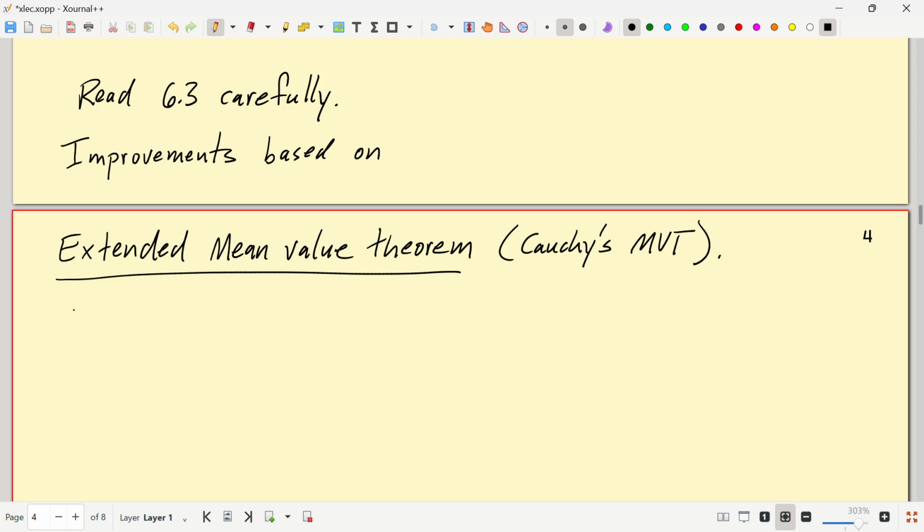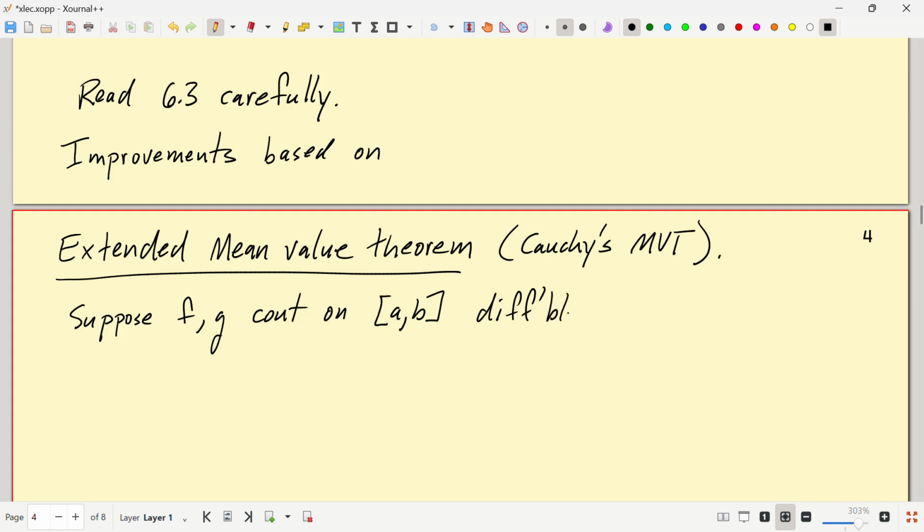Let's suppose f and g are continuous on a closed interval, differentiable on the inside, and g prime of x is non-vanishing for x in (a, b).